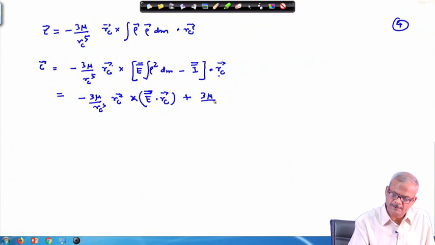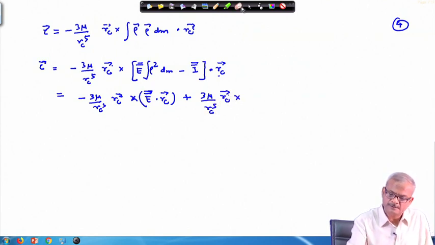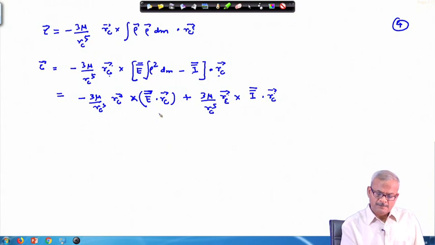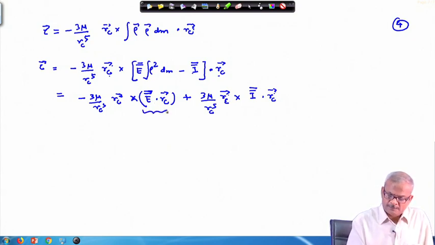So, this is 3 mu by R c to the power 5, R c cross I double bar dot R c. So, this is dot product of this R c with the unit dyadic. So, ultimately this will be nothing but R c. Okay.